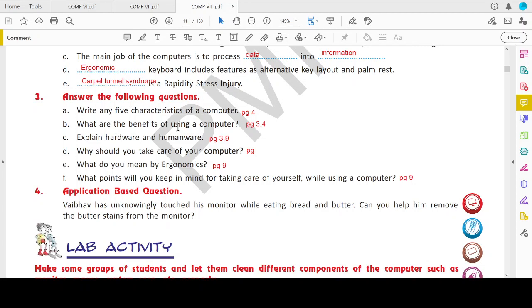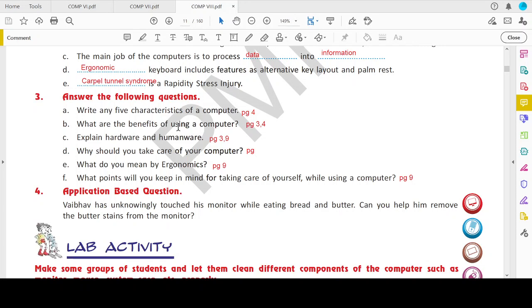Like you can edit a photograph taken by your camera using photo editing software like Photoshop. So if you know how to use a software, you will be able to edit and process them for generating a quality output. So those are the benefits.